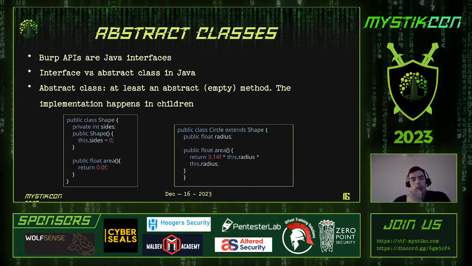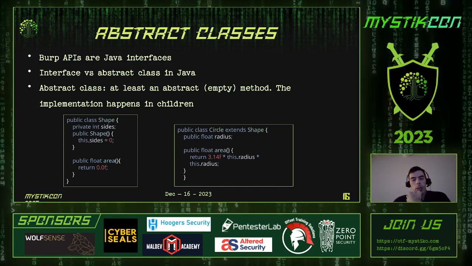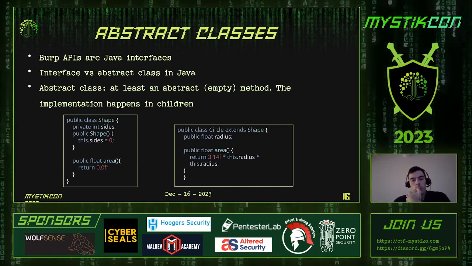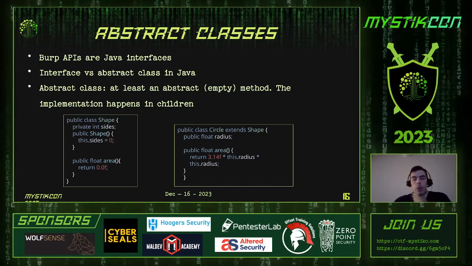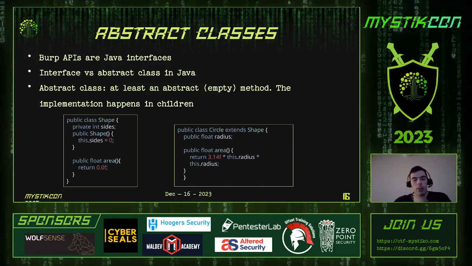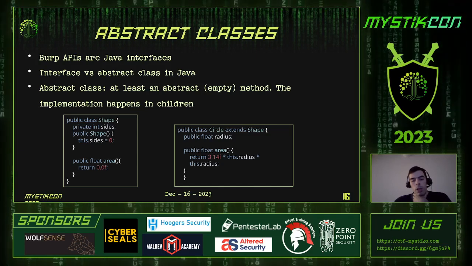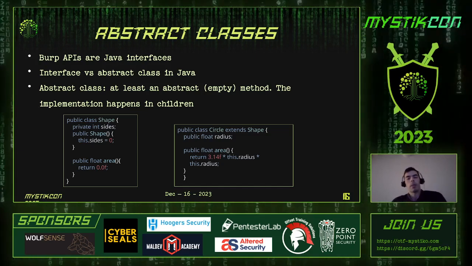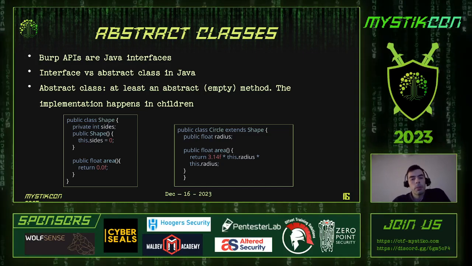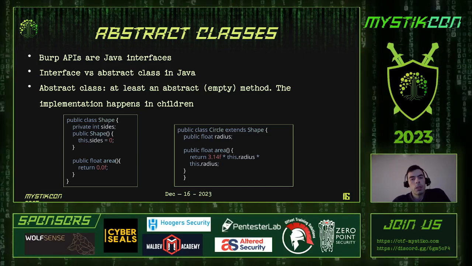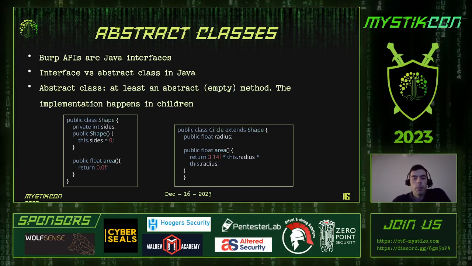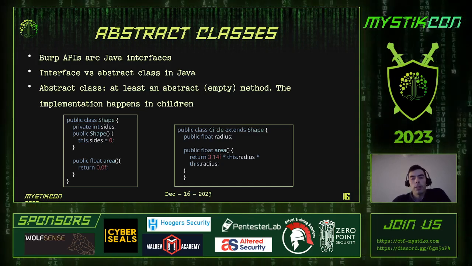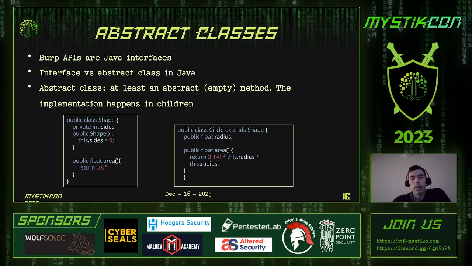So for example, here in this example we have, actually I'm not sure if this is correct because this is a Java example and we are returning a 0.0 float. Maybe that shouldn't even be there for an abstract class. I'm not sure right now, but it doesn't matter. But as you can see, we are extending this shape class.